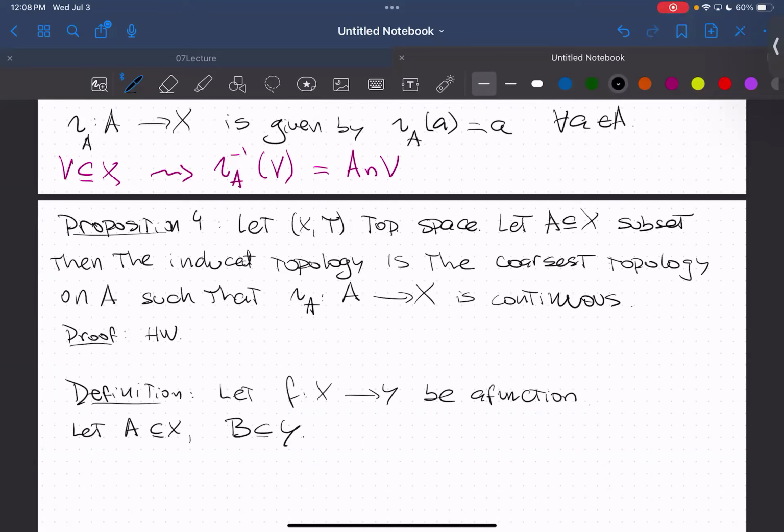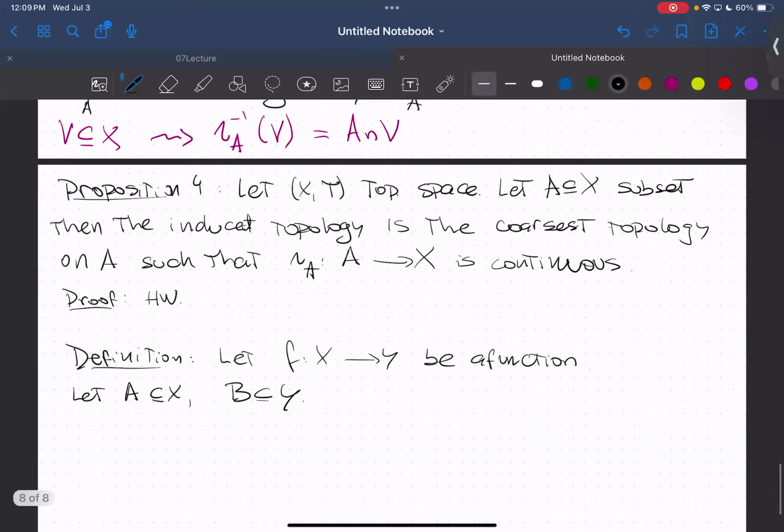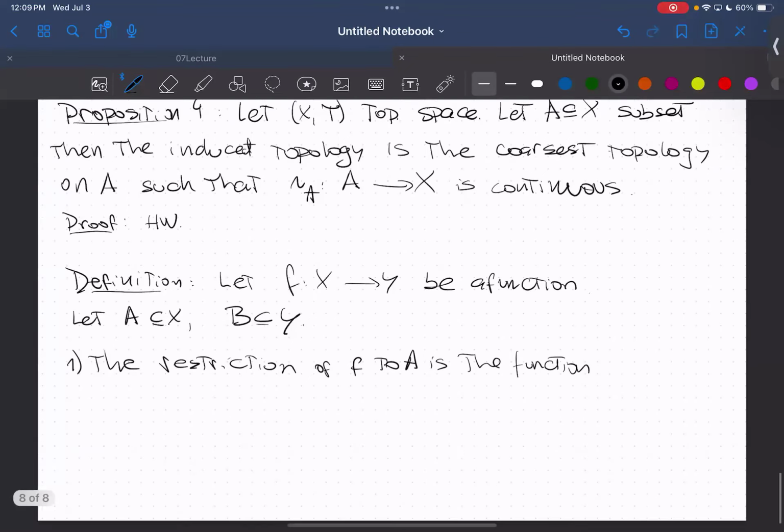Have you defined restrictions of functions before? Have you seen that before? Let's see. So one, the restriction of f to A. Notice it's not all of the outputs that would be in A; no, just restrict the inputs to A. You can apply f to anything in X, then you can just restrict to A. So it's the function f restricted to A, that's the notation.